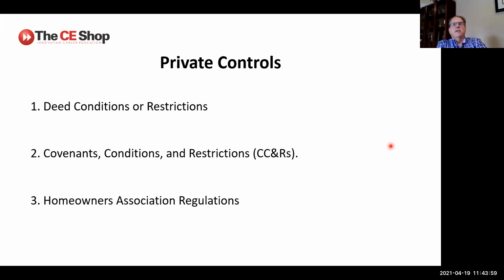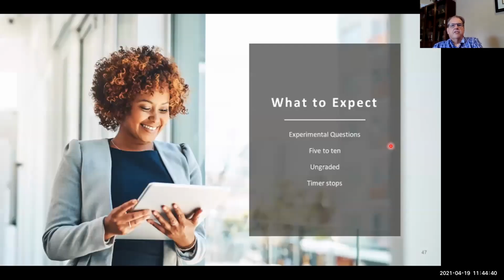All window treatments must be white or off-white. Everybody's window treatments are white, except that one guy whose window treatments are purple, standing out like a sore thumb. HOA will never tolerate it. They will very politely ask that person to change their window treatments, the drapes, the blinds, things like that. And there are a raft of association regulations that everybody has to comply with. And I do believe that's all I've got for private controls.